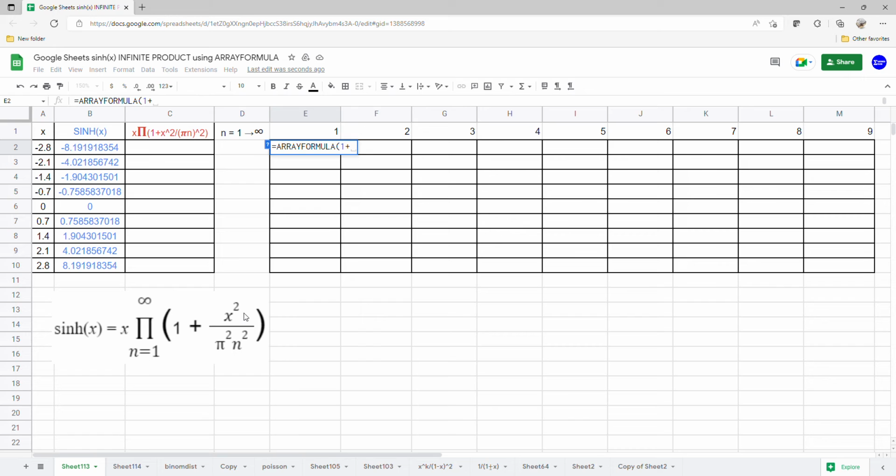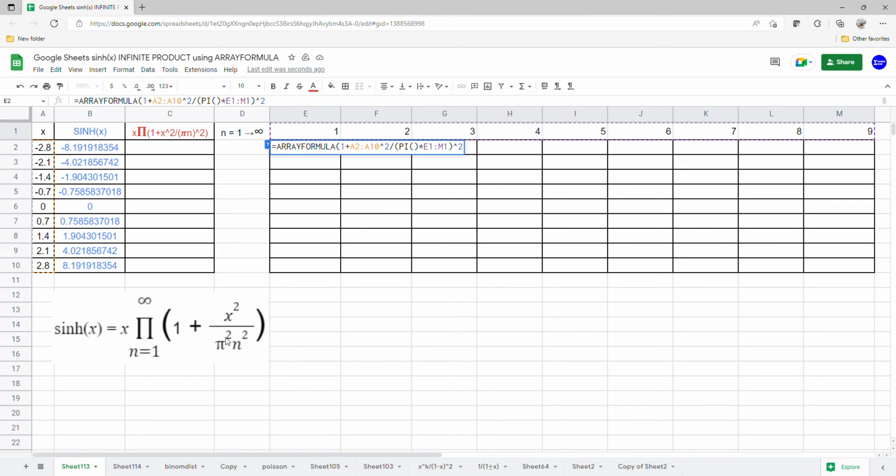Next, the formula, which is equal to array formula of the x values of 1 plus x squared. So x raised to the power 2, that's x squared, and divided by pi n squared. So the quantity pi times n, this is our n, both of them raised to the power 2, while x is raised to the power 2.